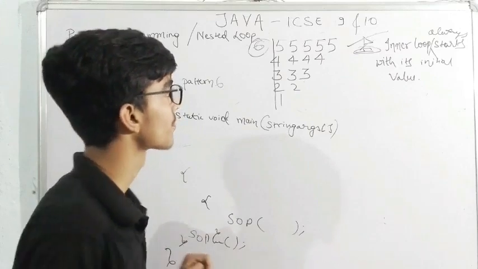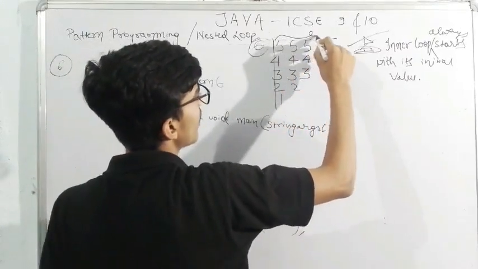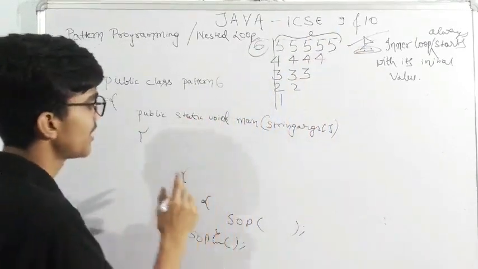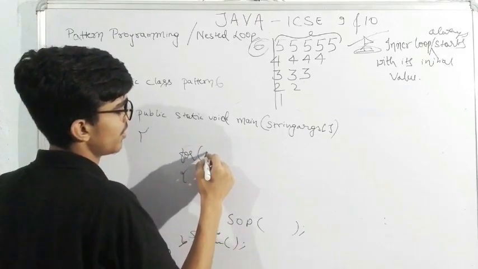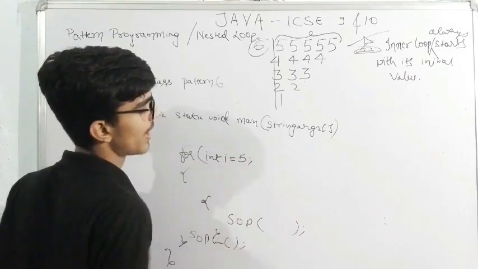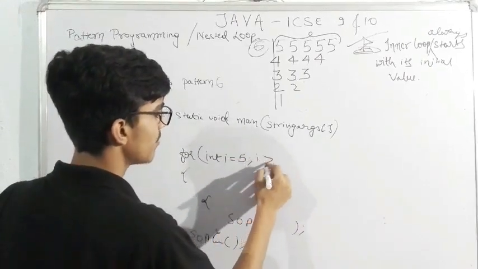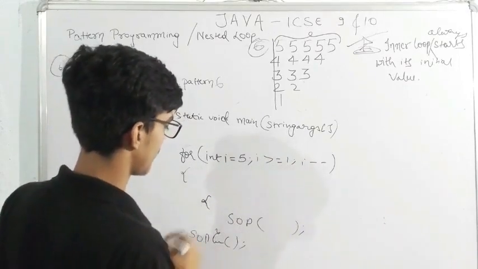As I have told before, the number of elements we have to write in the first loop, which is initialized with I is equal to 5. We have to do this 5.